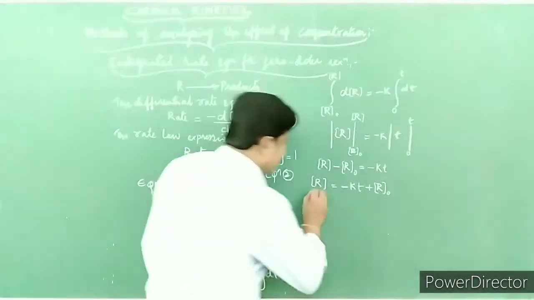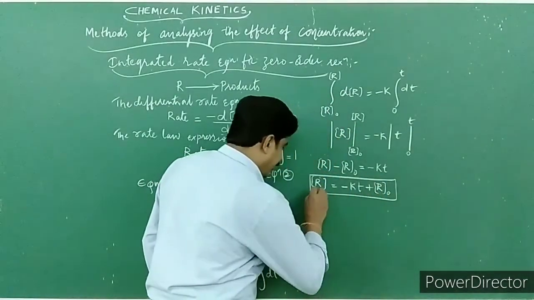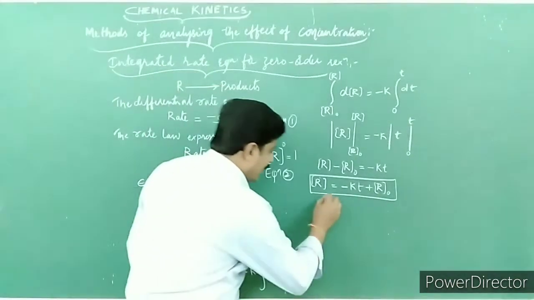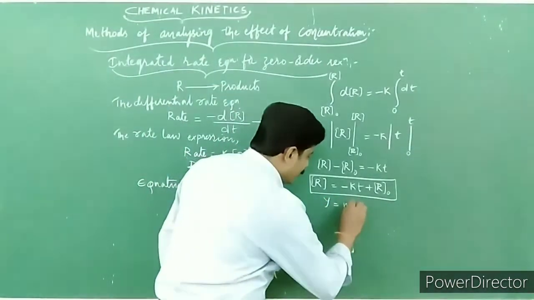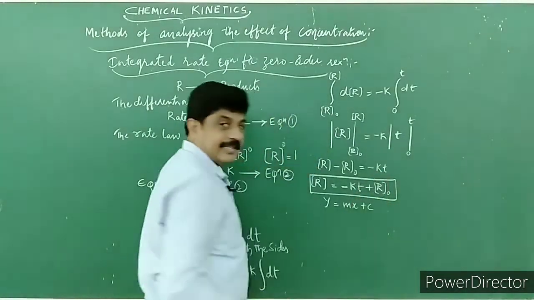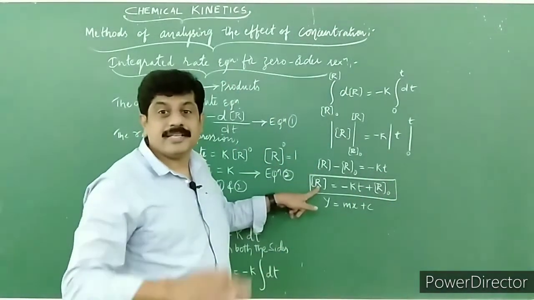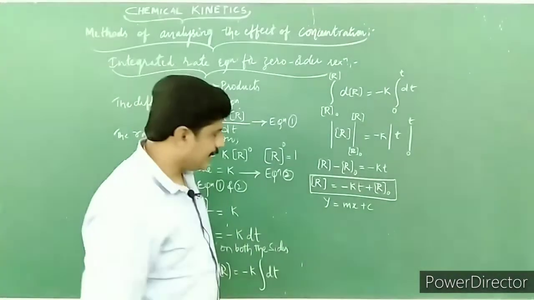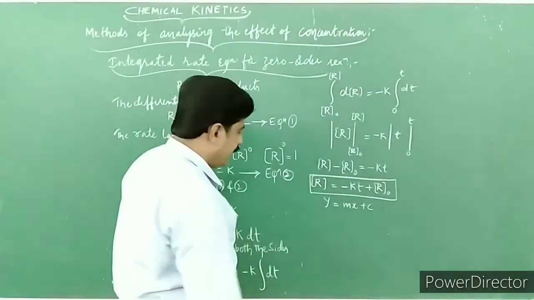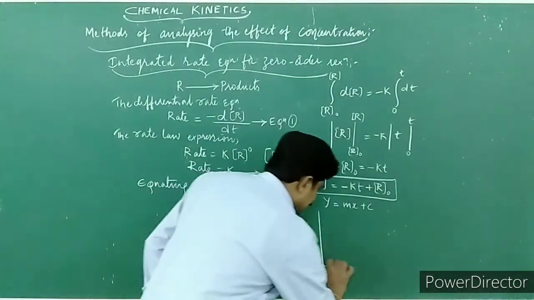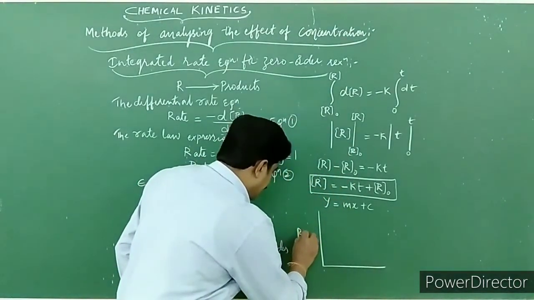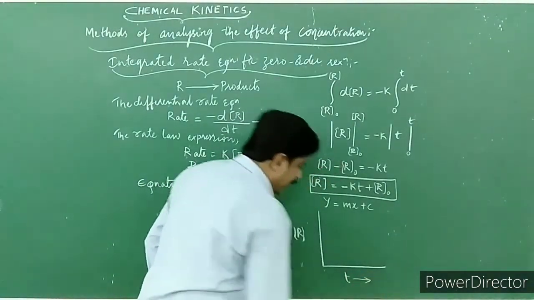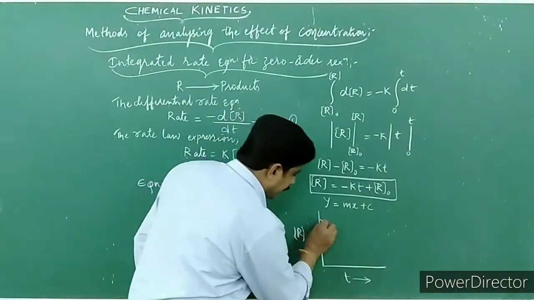Children, look at this equation. This equation is similar to the straight line equation, where you write y is equal to mx plus c. That means this expression is comparable with the straight line equation. Children, if I plot a graph of concentration of reactants versus time, what do I get? Look at here, I'm going to get a straight line.